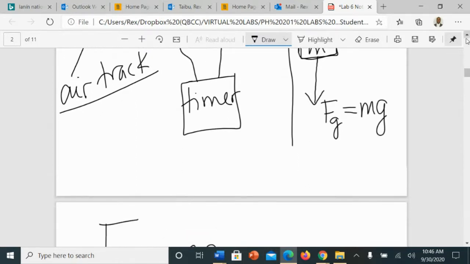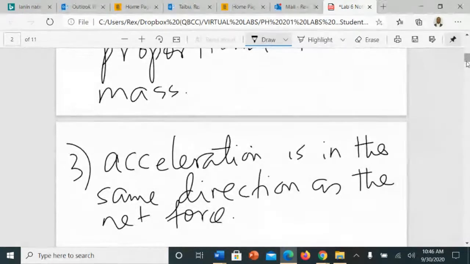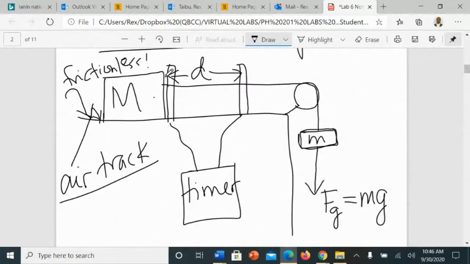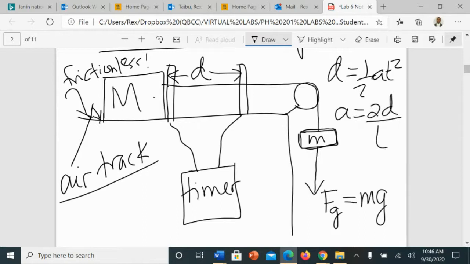Remember, if I start right here from rest, then I can use that formula. The distance is given by half acceleration times time squared, and therefore acceleration is twice distance divided by the time squared.